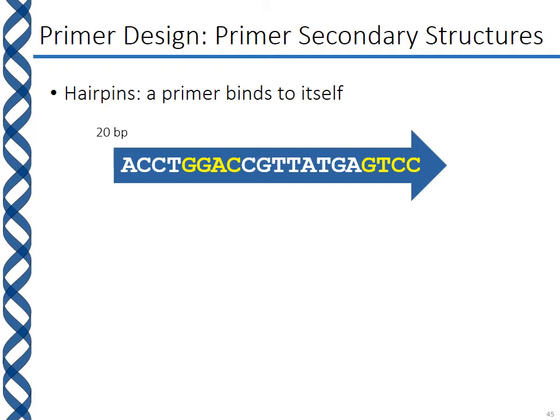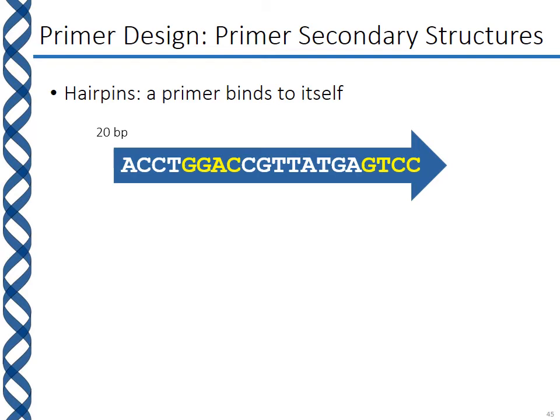So if we take a look at these regions right here, reading from 5' to 3', G, G, A, C, and then some sequence in between, and then G, T, C, C.